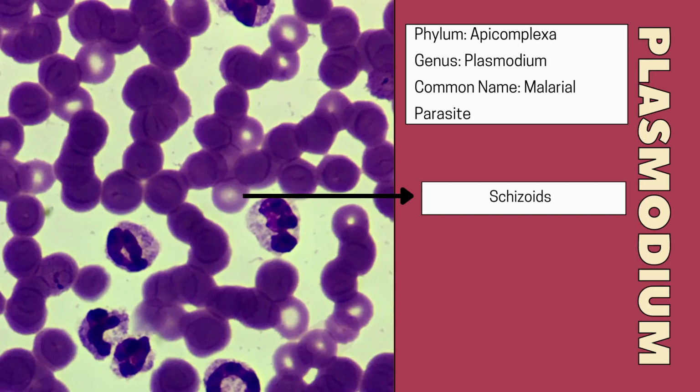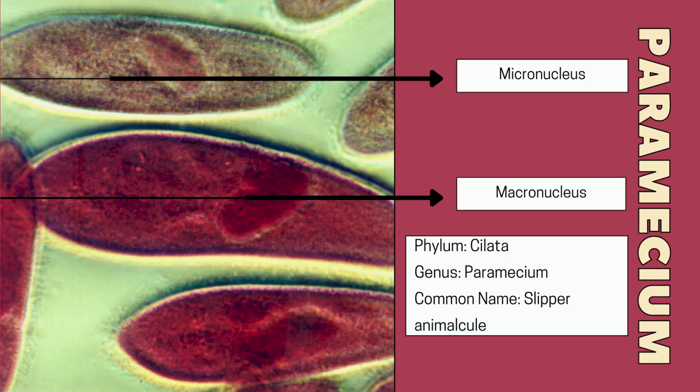The third representative is the Plasmodium from the phylum Apicomplexa, commonly known as the malarial parasite. All organisms under phylum Apicomplexa are parasitic in nature. Here we can see the schizonts or dark spots within the cells. The fourth representative is the Paramecium of phylum Ciliophora, commonly known as the slipper animalcule.